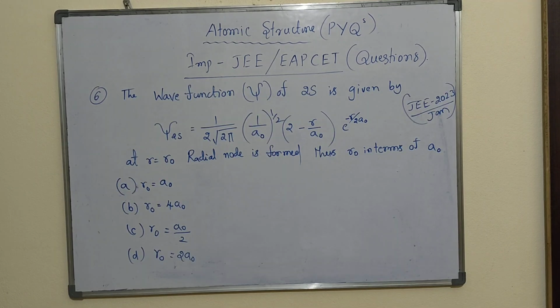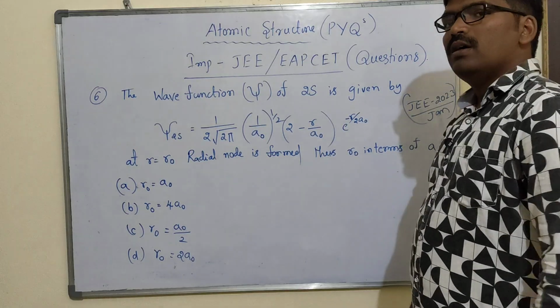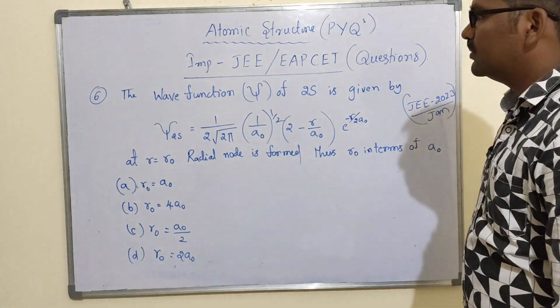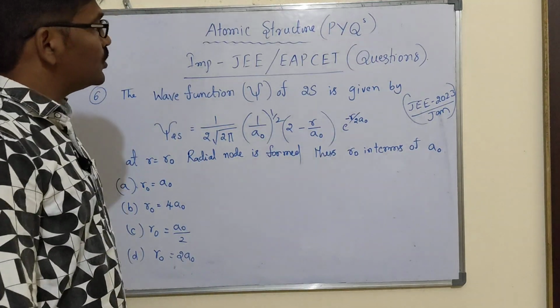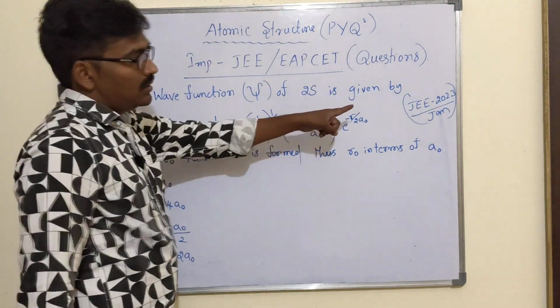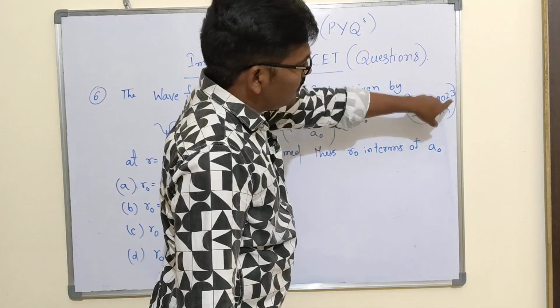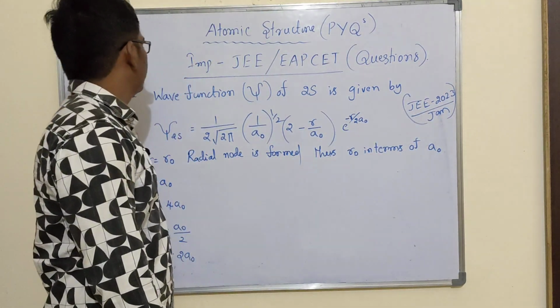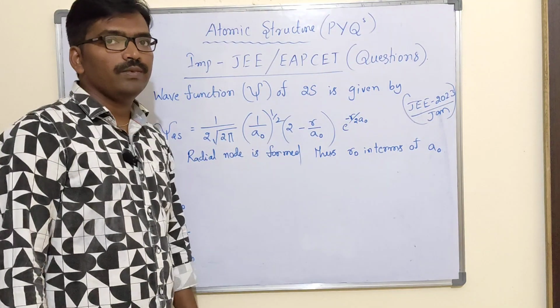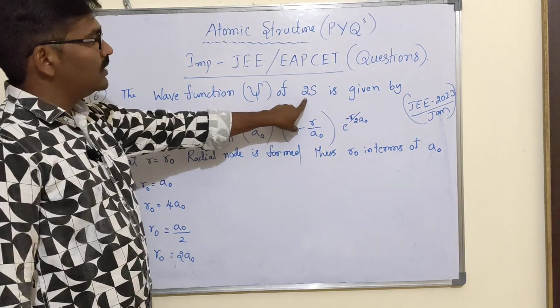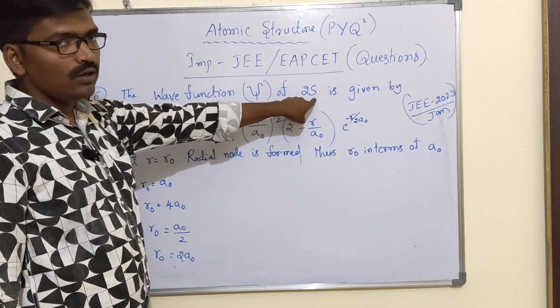Yes, look, my dear students, this is one of the previous year questions based on the wave function. If you observe this question, it came in JEE Mains 2023 January shift. The wave function psi of 2s is given. So for 2s, n value 2, l value 0.